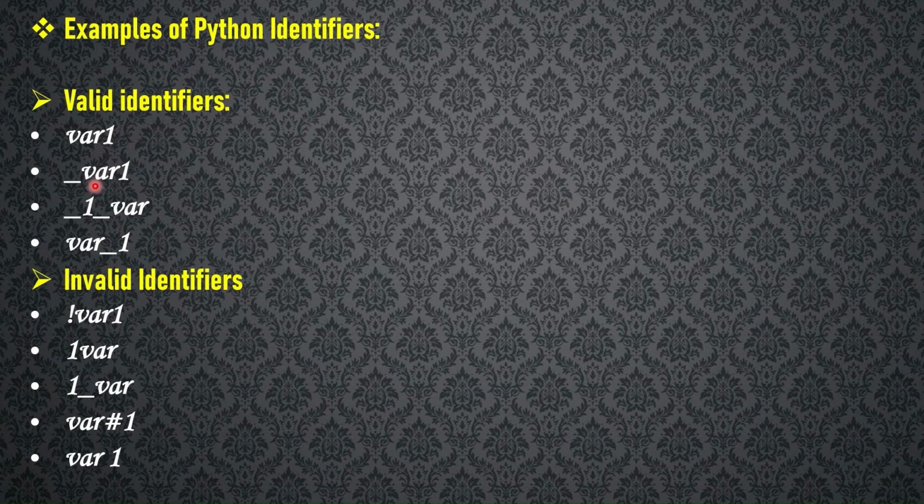This name starts with an underscore followed by characters and digits, so this is also valid. Similarly, this is a combination of digits, characters, and underscore. Here also the same, but with the underscore in the middle. So these names come under valid identifiers.